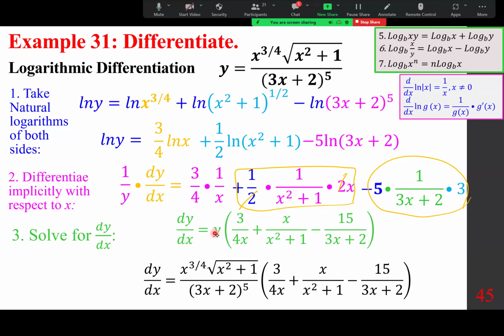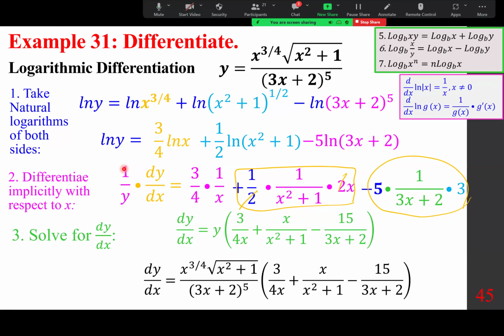Step 1, you take a log and decompose completely. When do we do that? If they ask for logarithmic differentiation, or if you come across something which is very difficult to do otherwise. Take a log, use logarithmic properties to decompose completely.